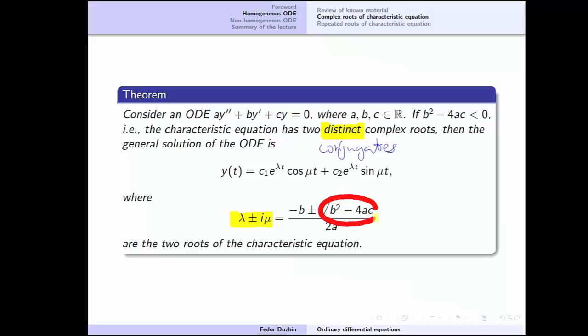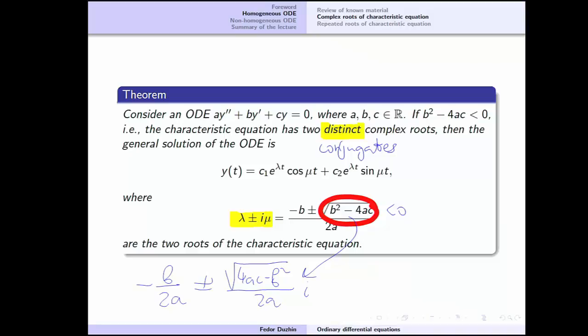And finally, let me notice that this expression here, b squared minus 4ac, is negative, right? And since it is negative, the square root of a negative number is actually, so maybe let me write it like this, minus b over 2a. So that's the real part, and then plus minus, this is going to be actually square root of 4ac minus b squared, which is positive, over 2a times i.